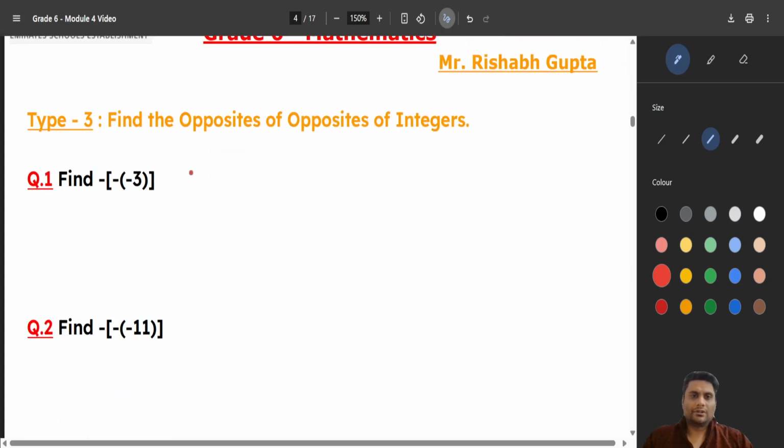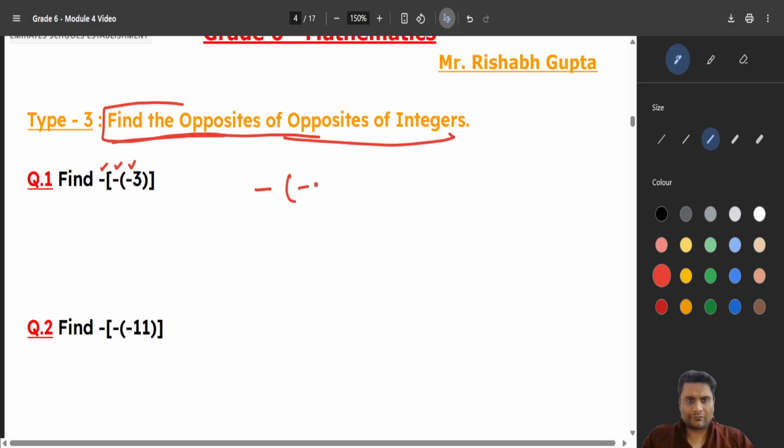Question number 3. Find the opposite of integer. No need to get worried by reading this line, opposite of opposite. Just use the rule that I have told you. Here with the 3, I have 3 negative signs, 1, 2 and 3, correct? We will take only 2 signs at a time.